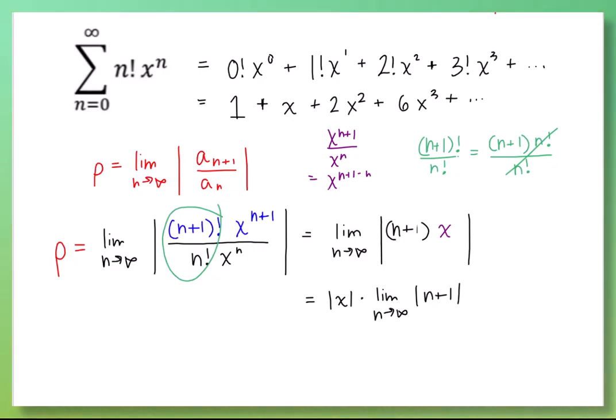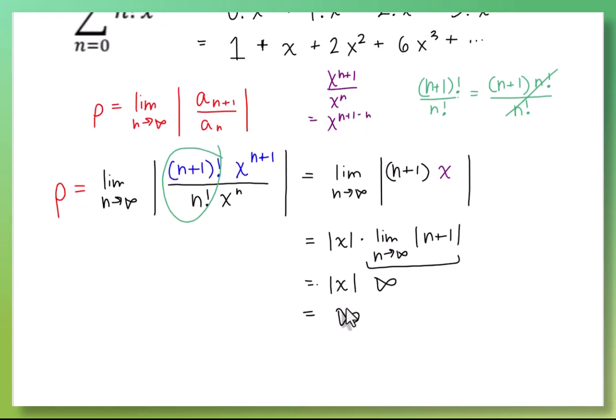That limit, infinity plus 1, is going to turn into infinity. So what this indicates is we have a divergent limit, which means it does not converge anywhere.